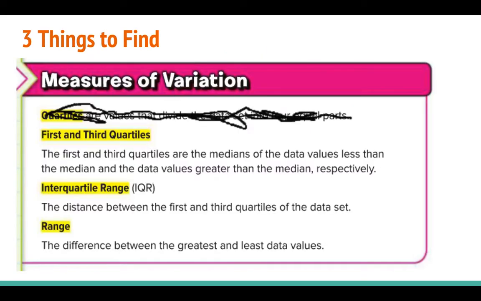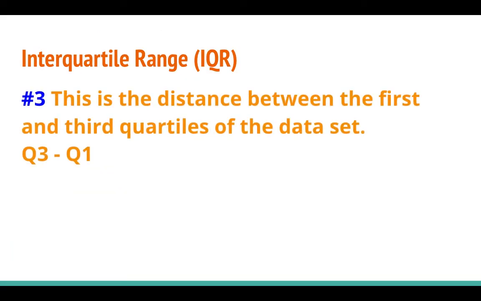So we went over the first and third quartiles. We're going to go to the next vocab term, which is the interquartile range, often abbreviated as IQR. What this is, is the distance between the first and third quartiles of the data set. It's Q3 minus Q1.